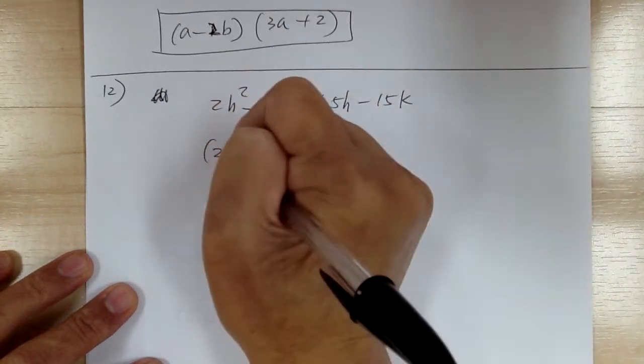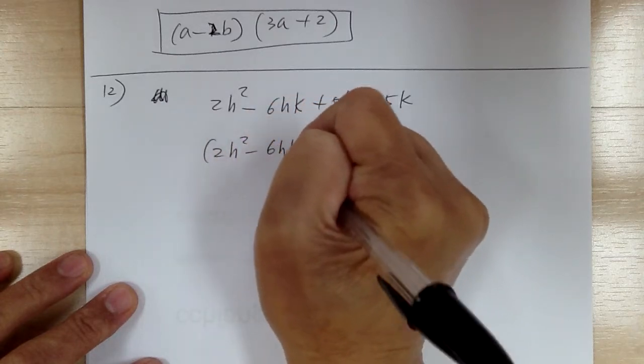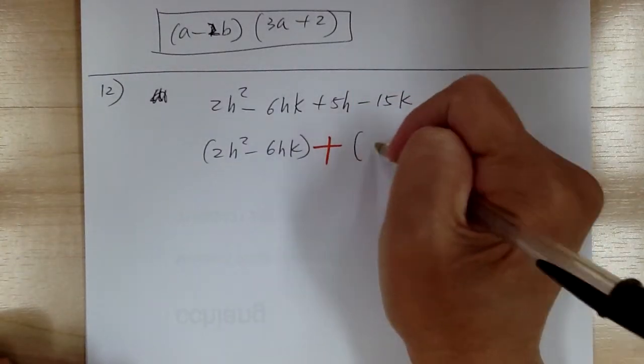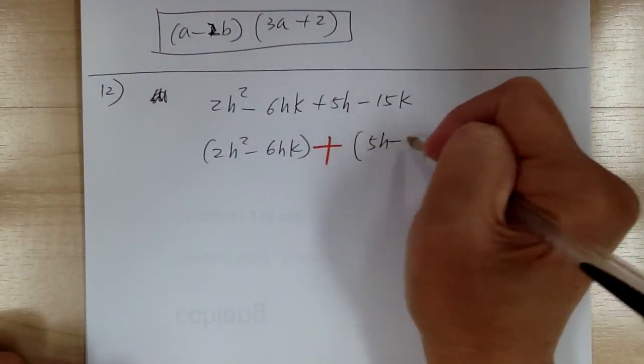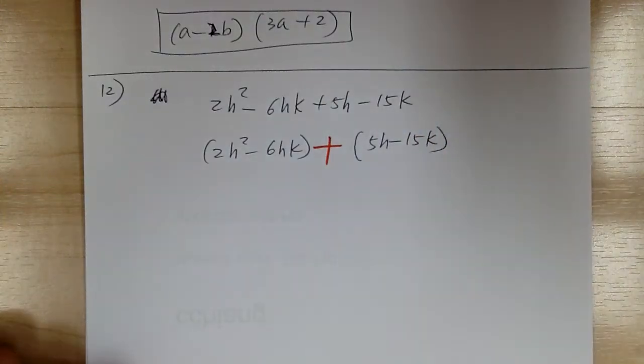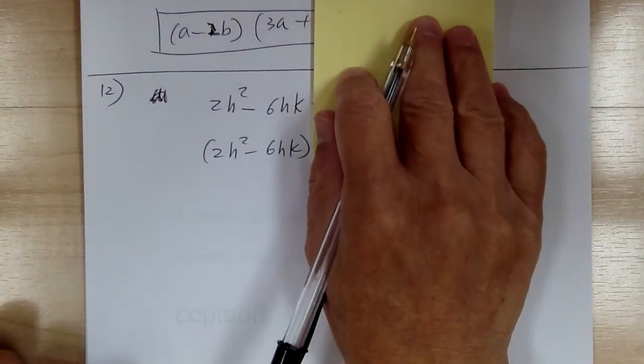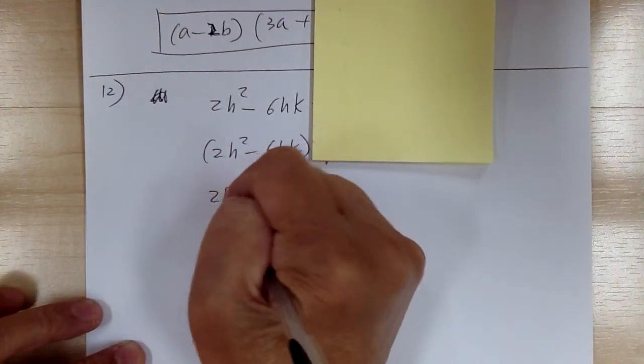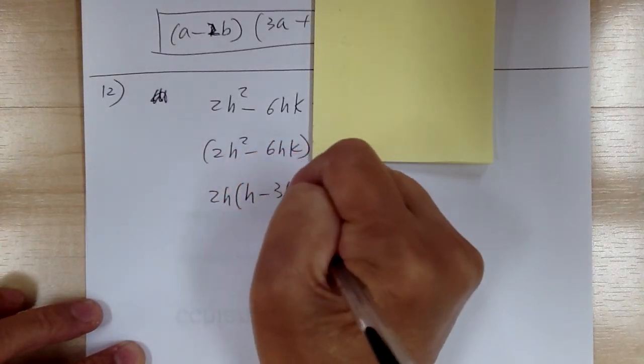Okay, so you can group the first two terms. Okay, put a plus between. And group the next two. Okay, so go ahead and do the first part. So this one you can factor the 2 and the h. So it'd be h minus 3k.